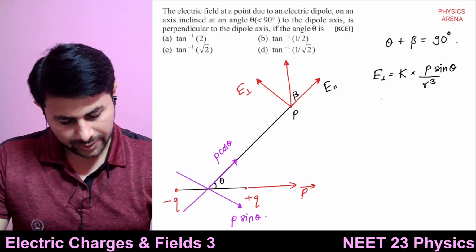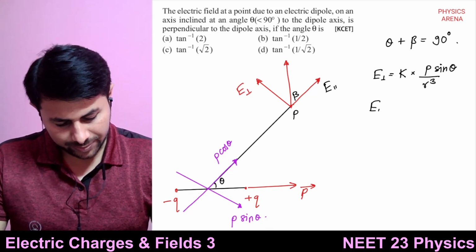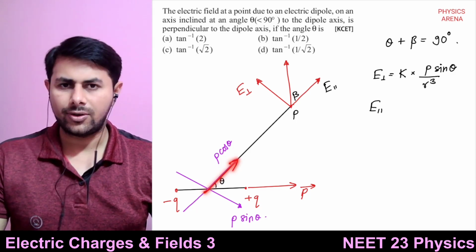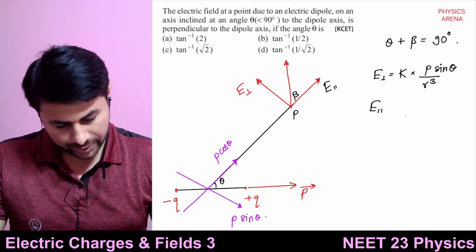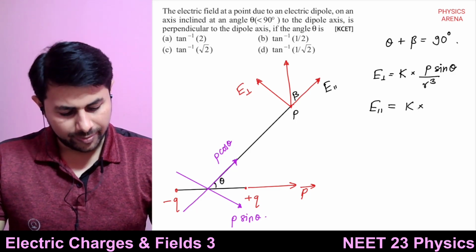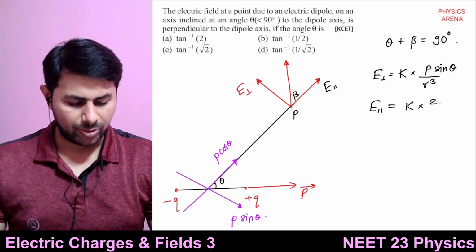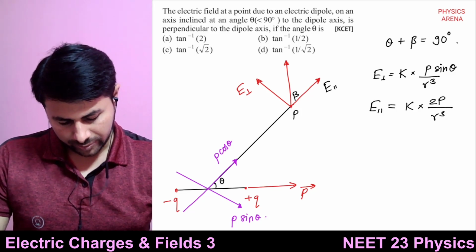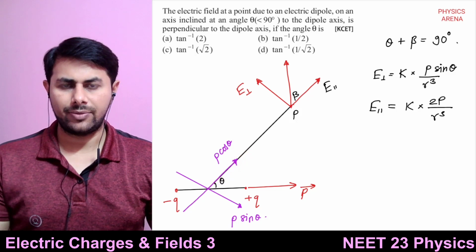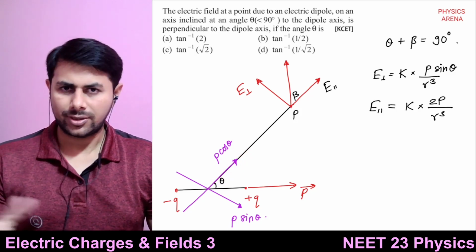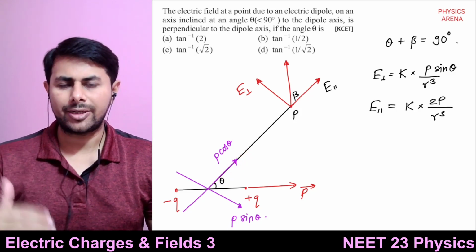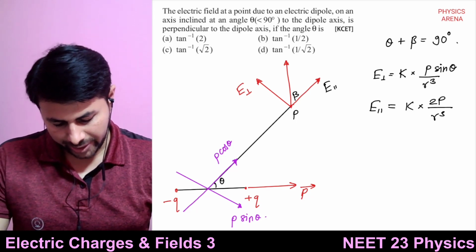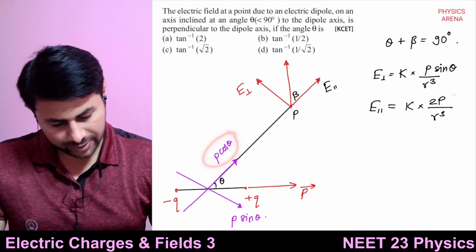And what is E parallel? It is the electric field due to this component of the dipole. For an axial point, the electric field is K multiplied by 2P upon R cube, but it's not P, this is P cos theta.